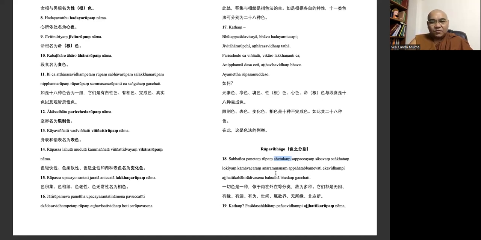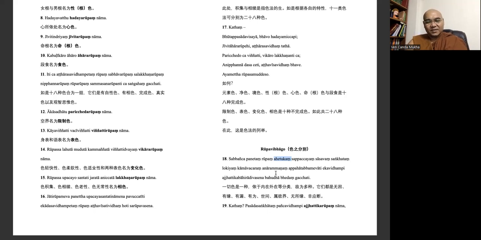Sorry, Sayadaw. So after ahara, what did you say? Kamma, citta, utu, ahara. So these are four conditions. Because of these four conditions, materiality arises.